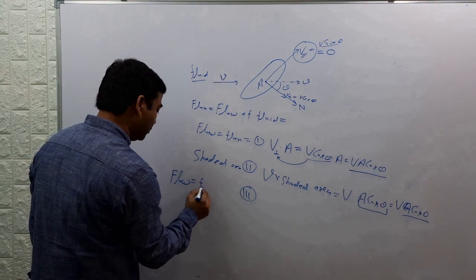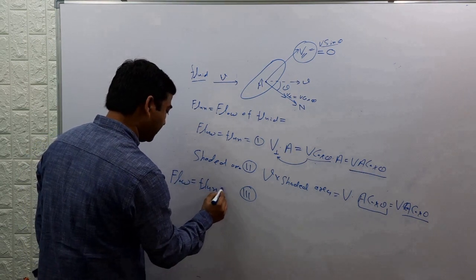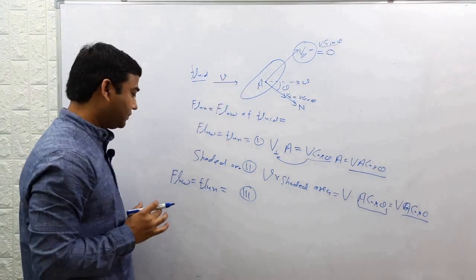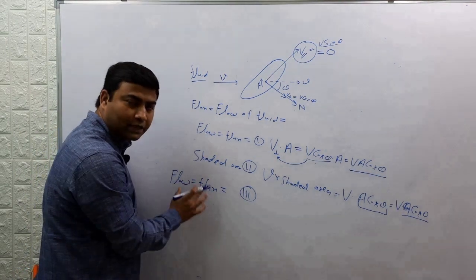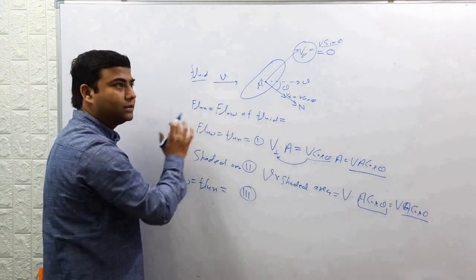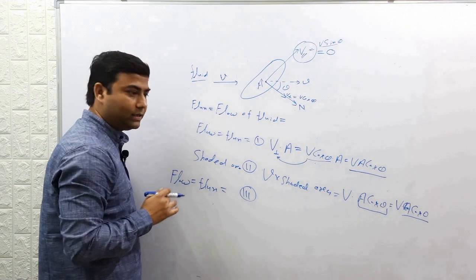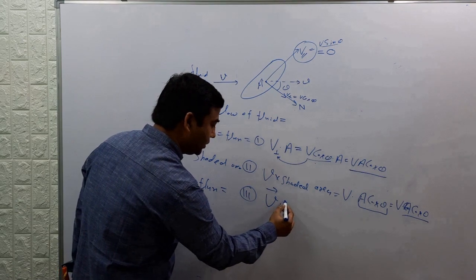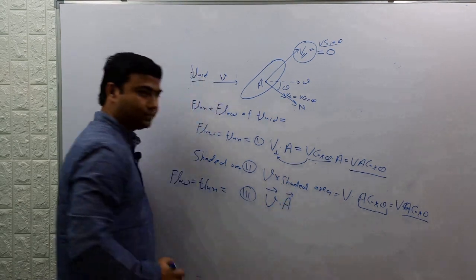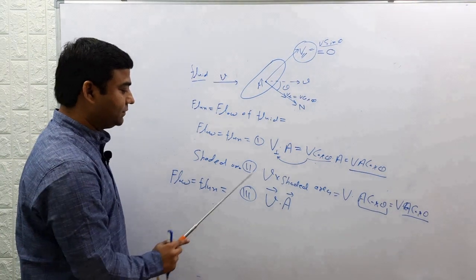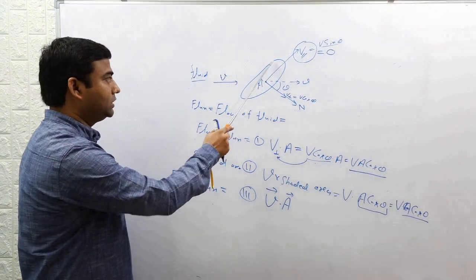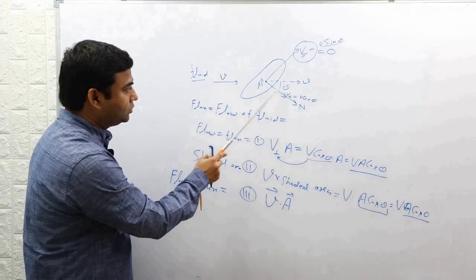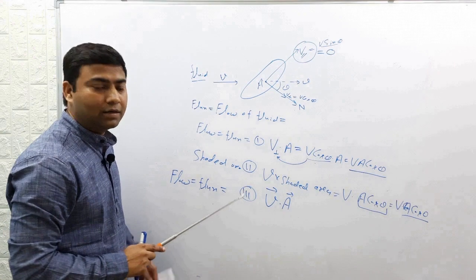And the third method is: flow of fluid having velocity v, which is nothing but the flux of vector field v distributed in this area A, is equal to velocity vector dot area vector, where the area vector is defined as a vector having magnitude equal to the area of this surface and direction along the perpendicular to this area.